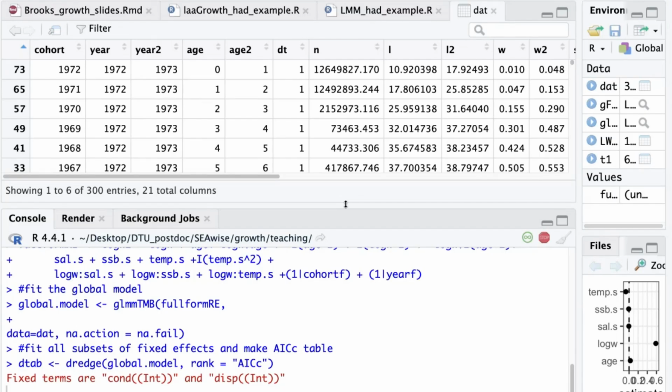You mean? No, I don't know that I understand the question. There would be some of the years where you're more certain about the growth than others. Oh yeah, you mean the cohort size? Yeah, there could be, because in some years you collect more weight observations to estimate that cohort's average weight.